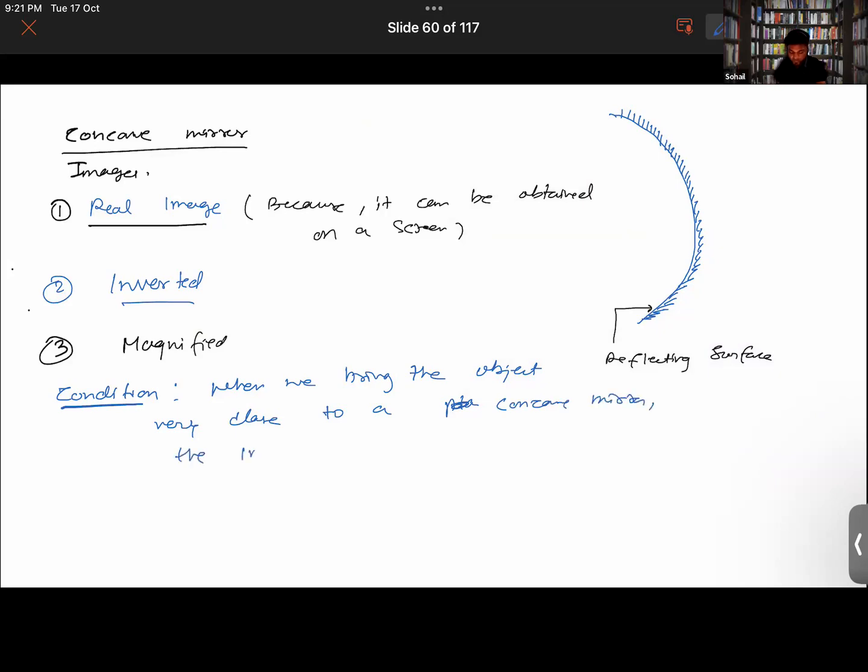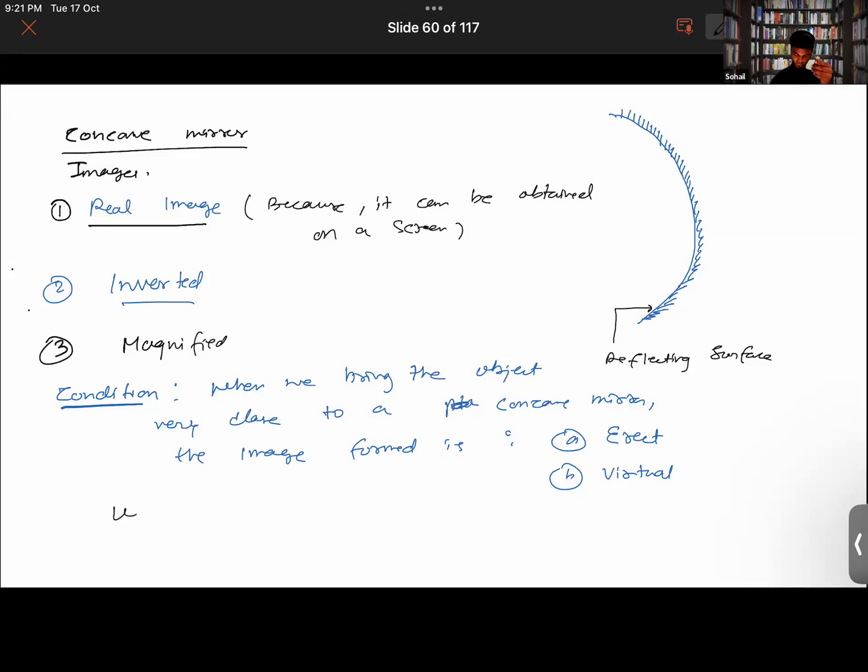The image formed is erect and virtual. Hope it is clear to all of you. So that is all you need to remember about the concave mirror.